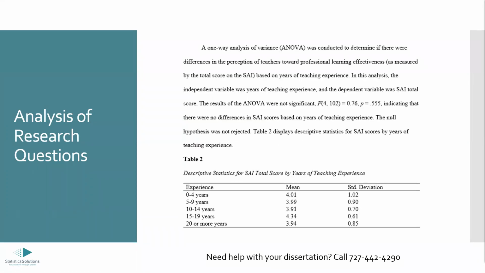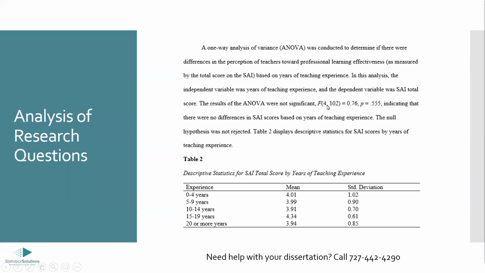Here's an example with an ANOVA. Again, we state what analysis we're doing, and we state our independent and dependent variables. We present the results of the ANOVA. For an ANOVA, and this also generalizes to the result of any test involving the F statistic, you actually have two degrees of freedom, and both should be reported in parentheses next to the letter F when you're presenting the results of an F test.